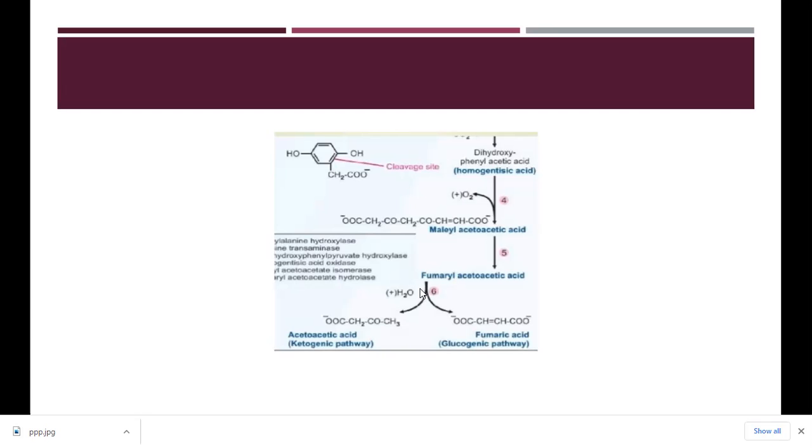Here, in the presence of water, it yields two molecules: acetoacetic acid, which goes to the ketogenic pathway for energy production, and fumaric acid, which goes into the glucogenic pathway for energy production. In this way, the protein is metabolized into two molecules for further energy production.